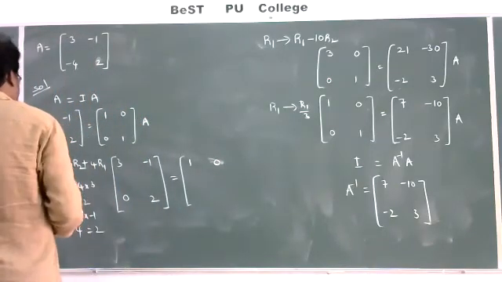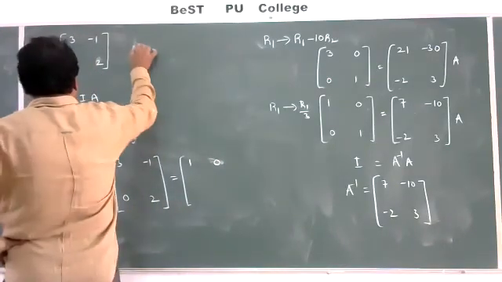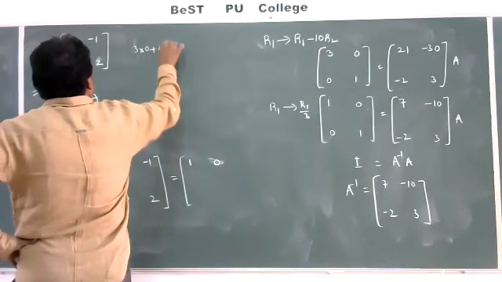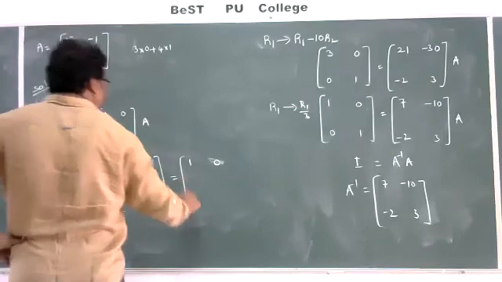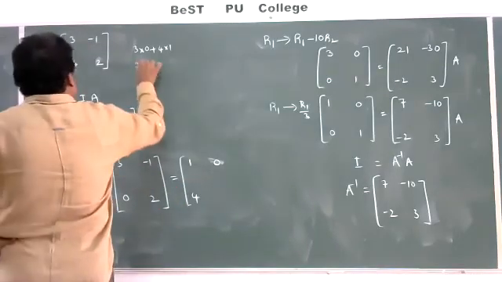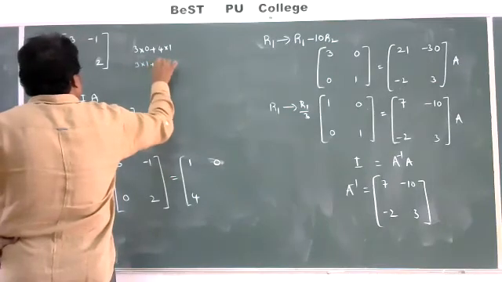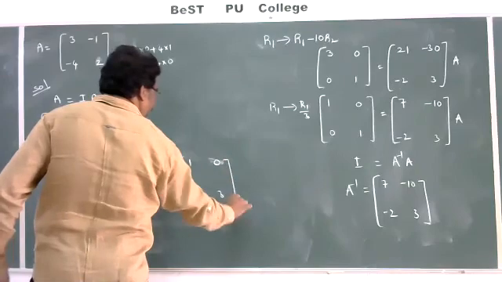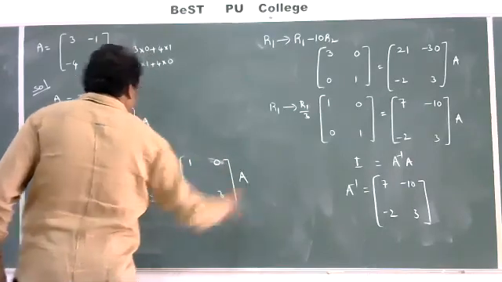Next 3R2, 3 into 0 plus 4R1, 4 into 1, 0 plus 4, 4. 3R2, 3 into 1 plus 4 into 0, that is 3, into A.